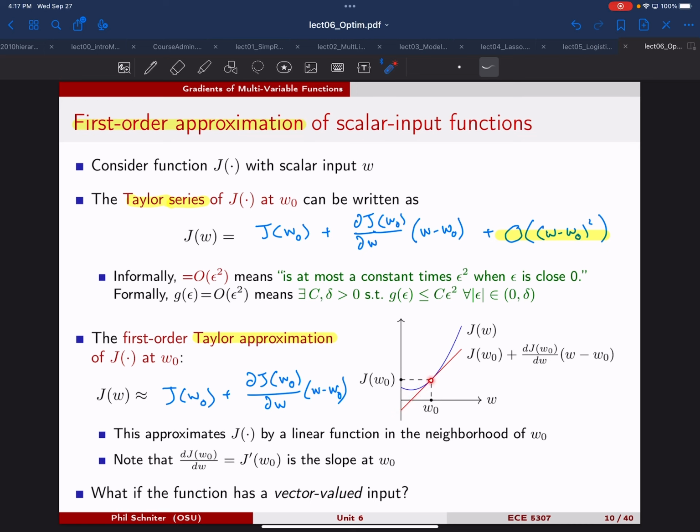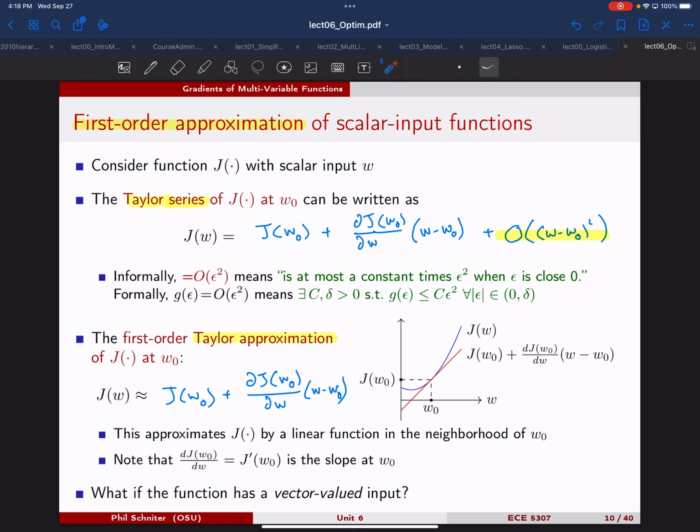You can see that the linear approximation exactly matches the true function at the point W naught. As you stay close to W naught, it's a pretty good approximation. But of course, if you go far away from W naught, it's a pretty bad approximation. In that case, epsilon is not close to 0, so we can't really say much. But the point is that we're focusing on the area around W naught, and in that area, we can say something about the quality of the approximation.